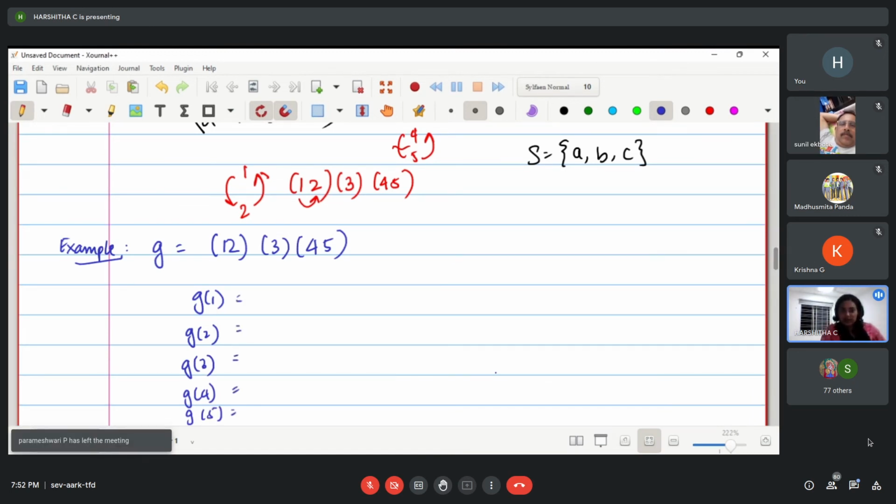Looking at just this cycle, you start from the left, you look at where 1 comes first, and you look at the immediate next element, which is 2. So g of 1 is 2.